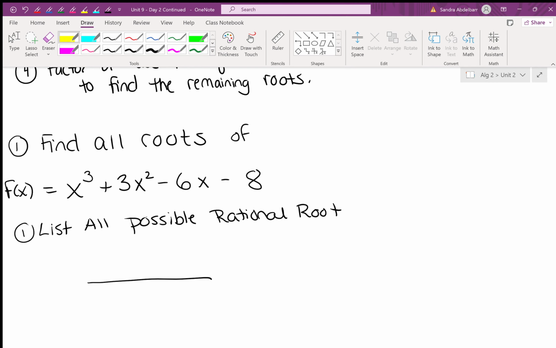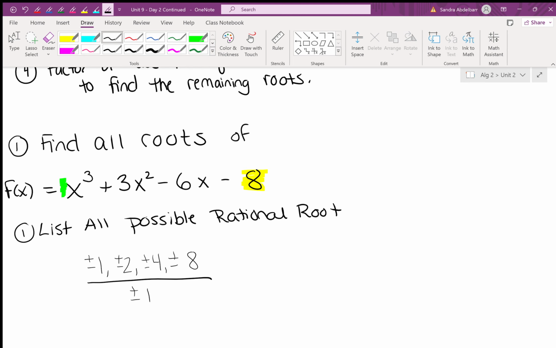So do we agree our constant is negative 8? So we are at plus minus 1, plus minus 8, plus minus 2, and then plus minus 4. And I was kind to you. Why was I kind to you? The leading coefficient's 1. So this is just plus minus 1.